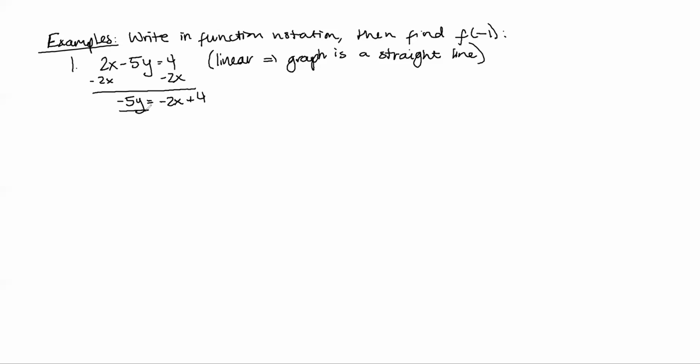Now let's go ahead and divide everything by -5. And now we have y equals negative over a negative is a positive, so we have 2/5 x. Now a positive over a negative is a negative, so I'm going to put minus 4/5.